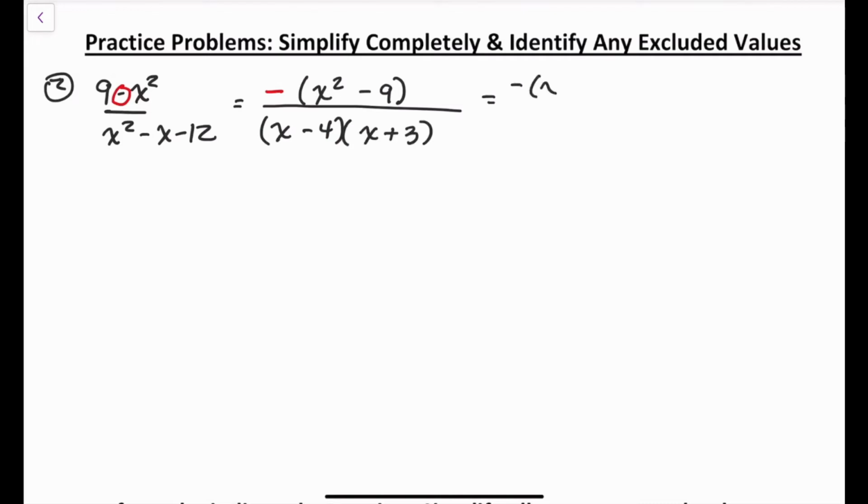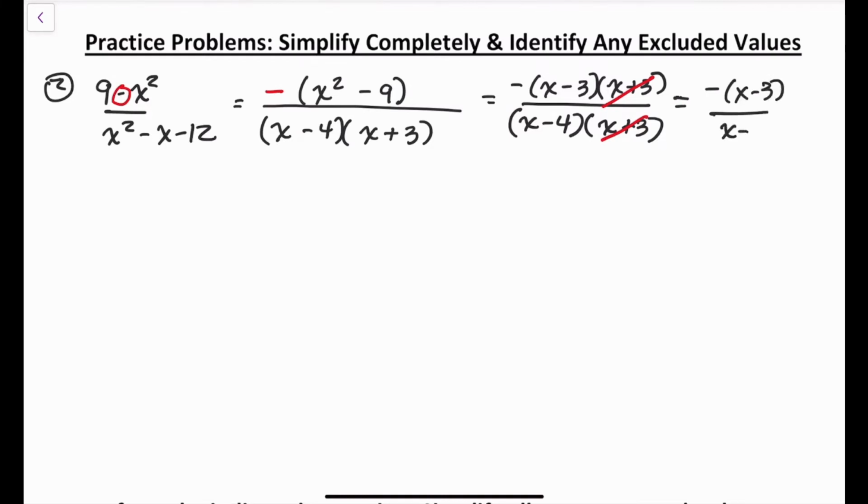So x squared minus 9, that is the difference of two squares. So we want to factor that. And then we'll be able to simplify that x plus 3. So when you get your final answer, don't forget that negative that we factored out.